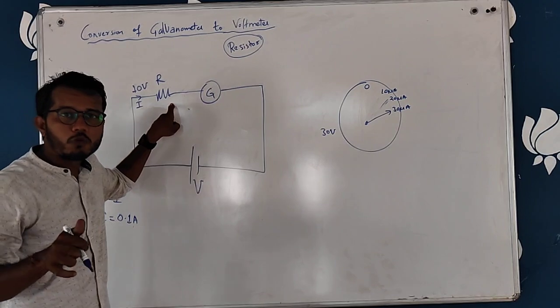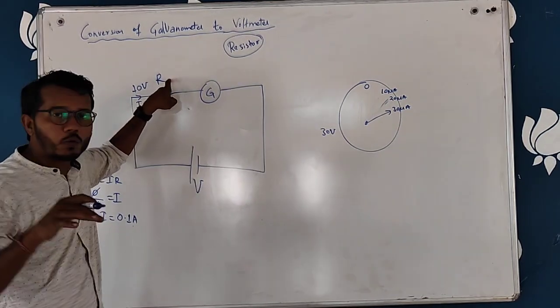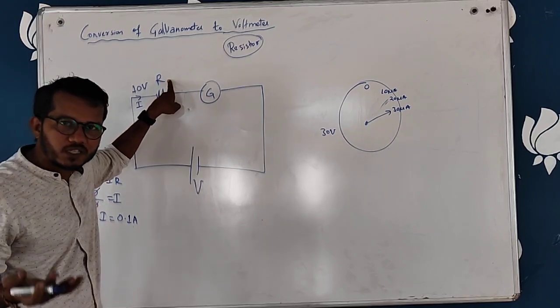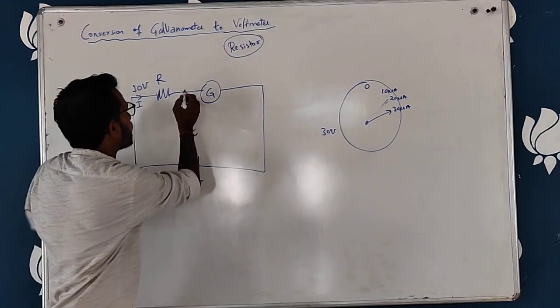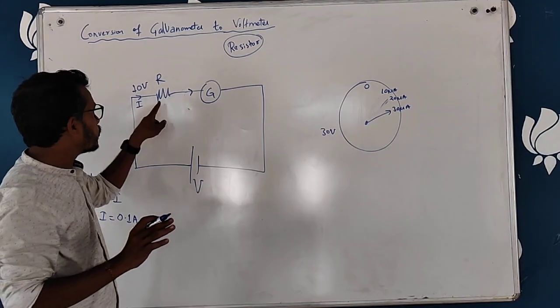But how much should the resistor value be? If I take a very large resistor value, it will get a very small amount of current.